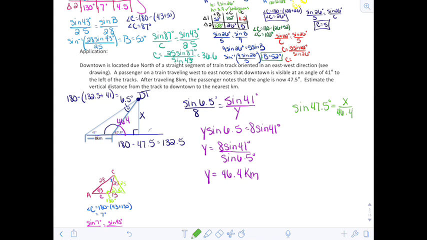So when I cross multiply, I get 46.4 times the sine of 47.5 degrees equal to x. And so that distance, when we round to the nearest kilometer, will be 34 kilometers.